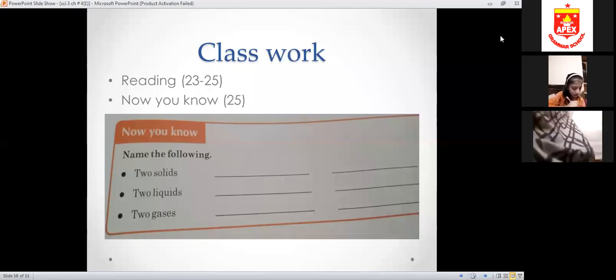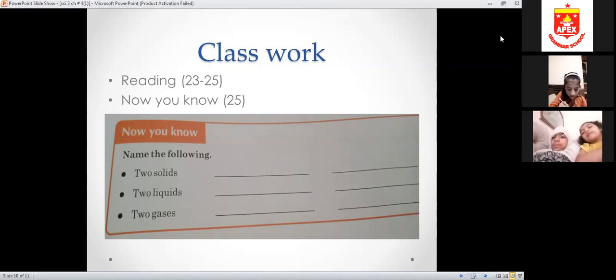Liquids are substances that do not have any shape and flow easily. Liquids take the shape of the container.